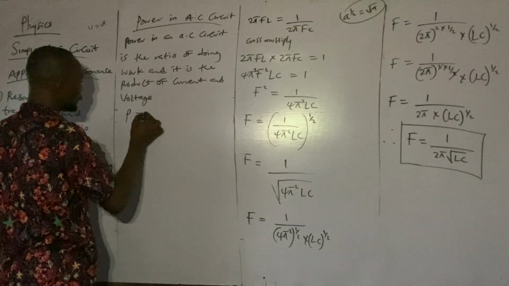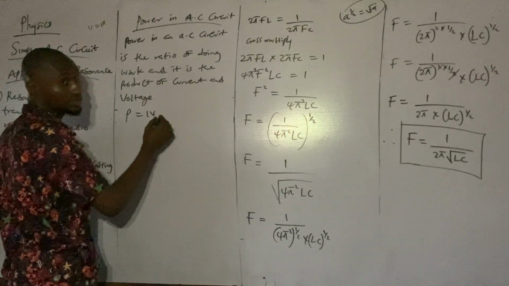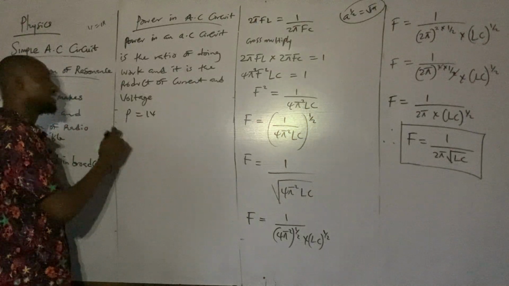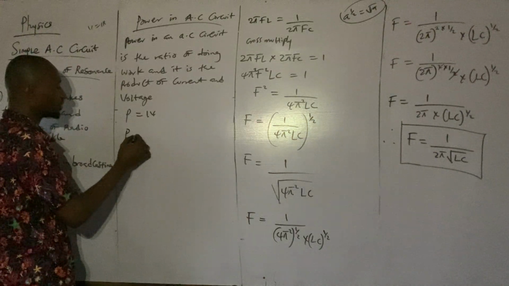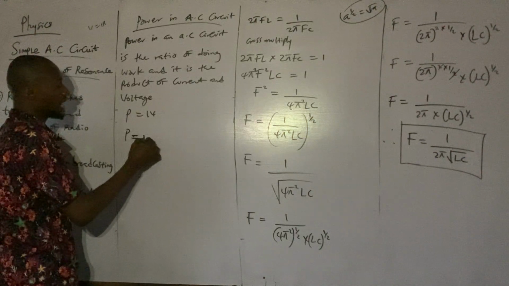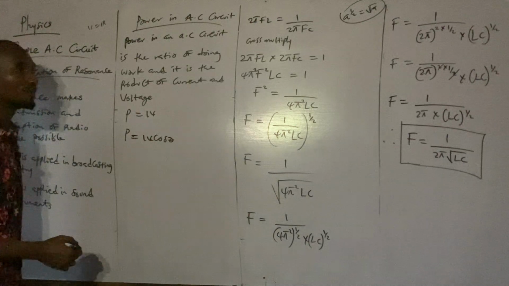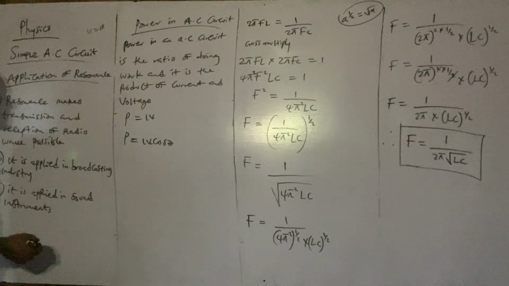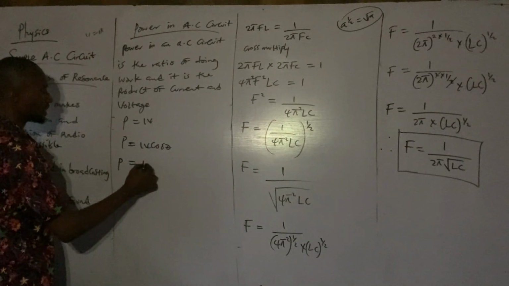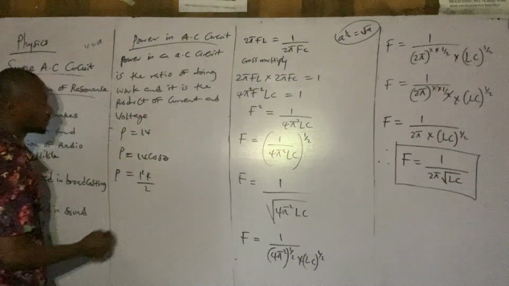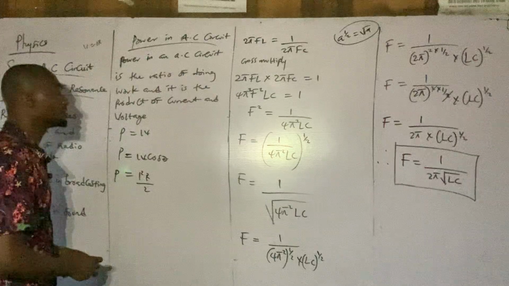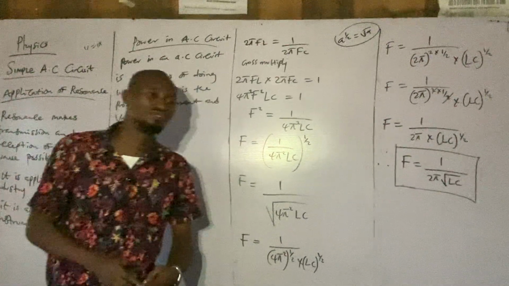That is P is equal to IV. But based on an AC circuit, you can have P is equal to IV cos theta. You can also have P is equal to I square R over 2, depending on the contents of the question.